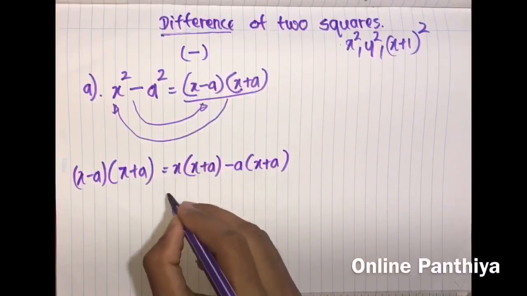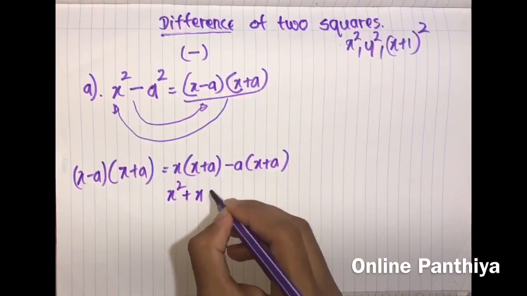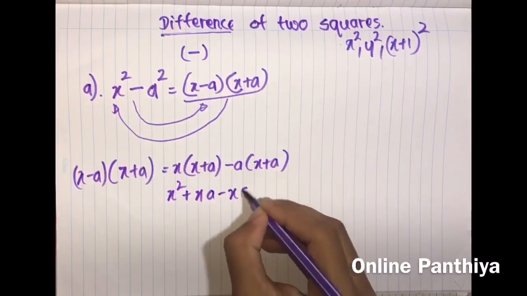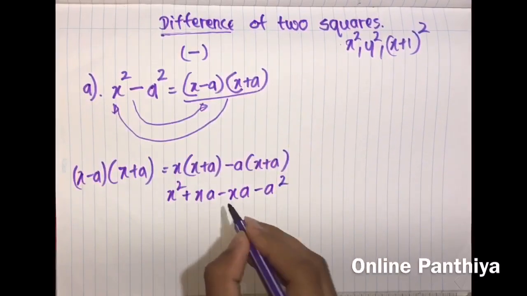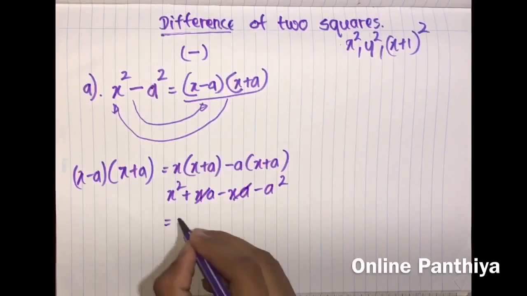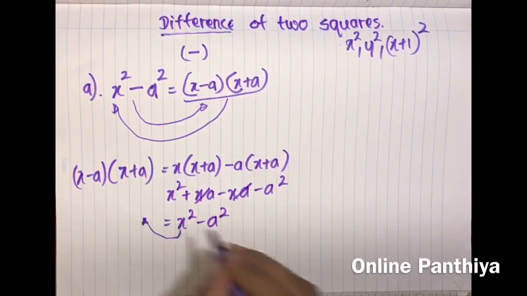So x into x is x squared, x into a is plus xa. Here you have minus xa and minus a squared. Now look here, plus and minus will cancel off. So what is left? x squared minus a squared. So the way of factorizing is easy for these types of questions.